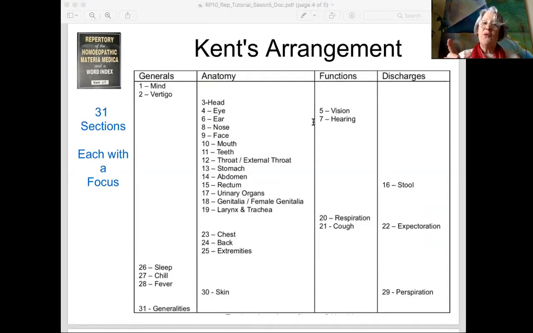Okay, and also in here are all kinds of expressions when people have a vacant expression. So one of the things that you can do for entertainment is go into the rubrics about expressions and read each one and think about what that would look like, and then think, have I seen that expression on one of my kids' faces, on my brother's face, on my cousin's face, on a politician's face?